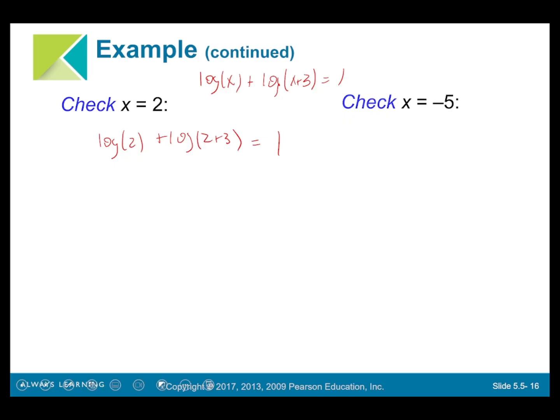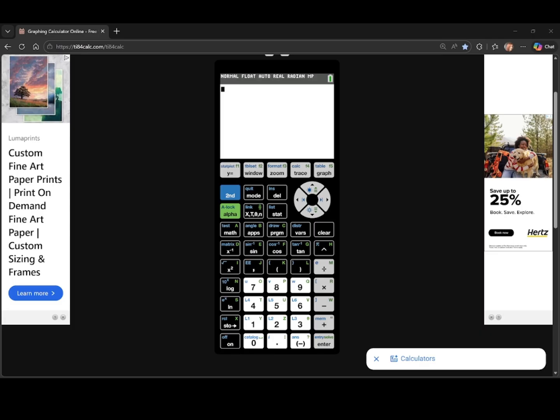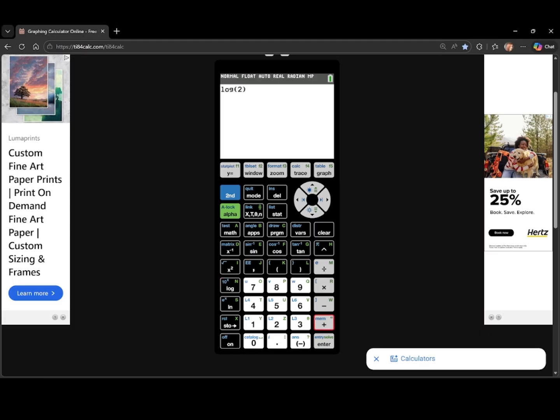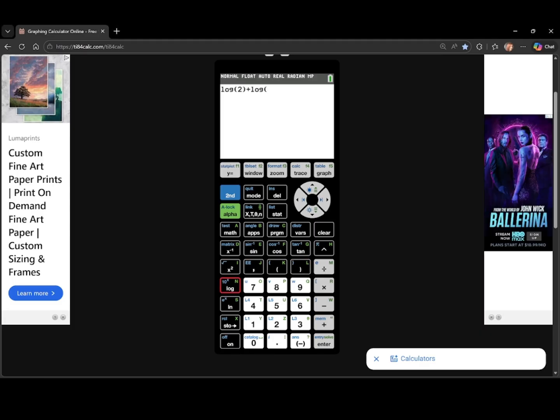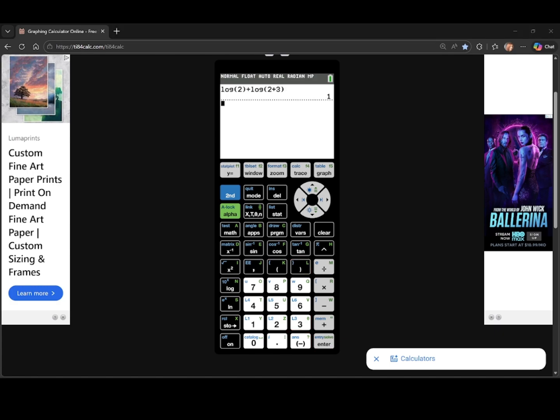Let's go to our calculator and find out. Here we go. So log 2 + log(2 + 3). And yes, we got 1.